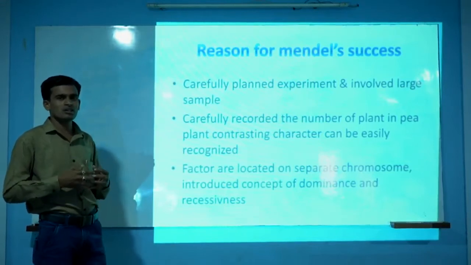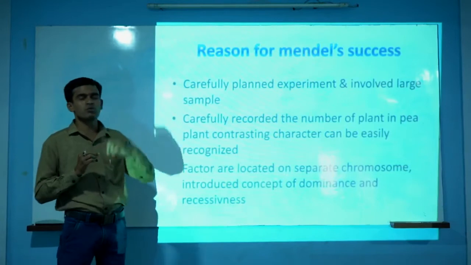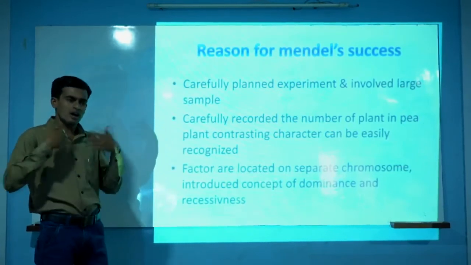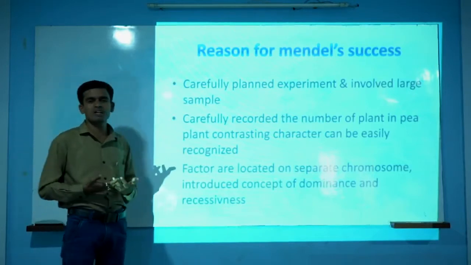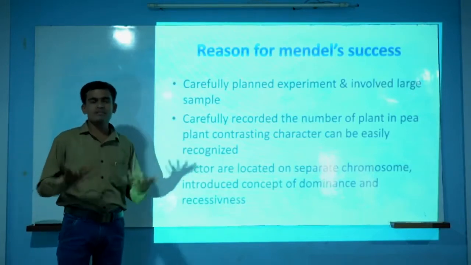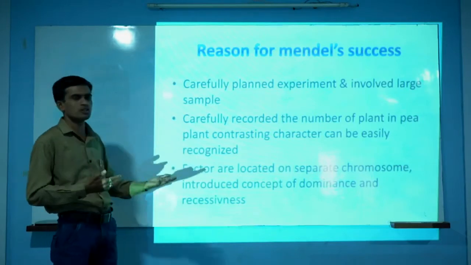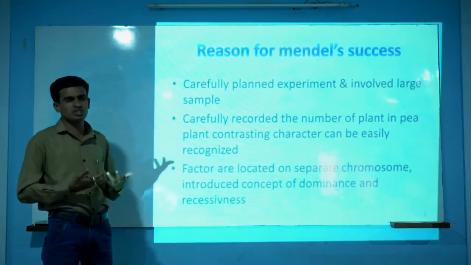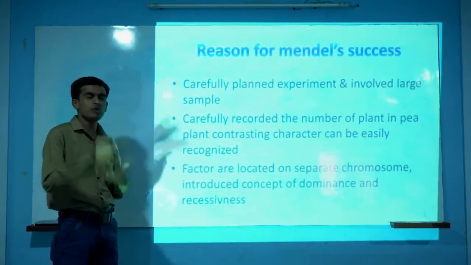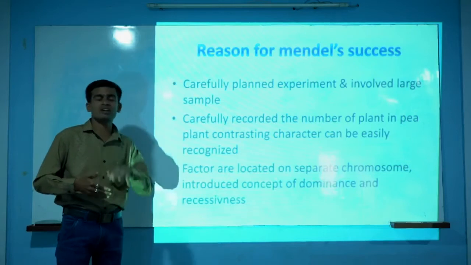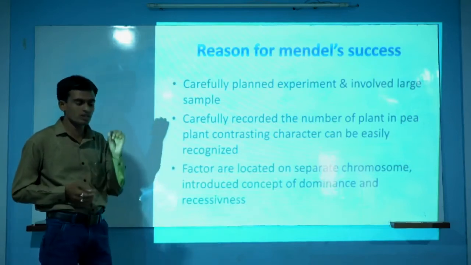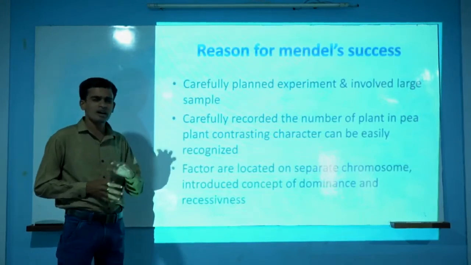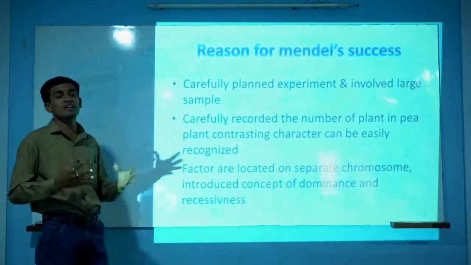Mendel rightly called it a particulate matter responsible for the expression of characteristics. After the discovery of the microscope, the same particulate matter, that is genes, were shown to be meant for the expression of characteristics, and we see gene action. But Mendel, before the invention of the microscope, rightly called it a factor responsible for the expression of characters, and there are many reasons for his success.